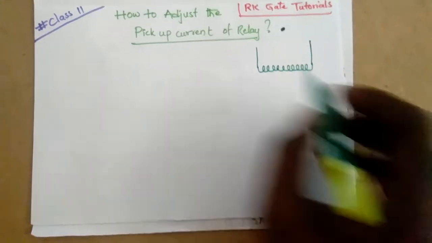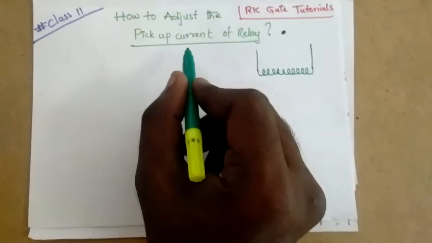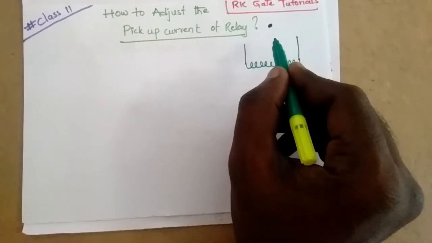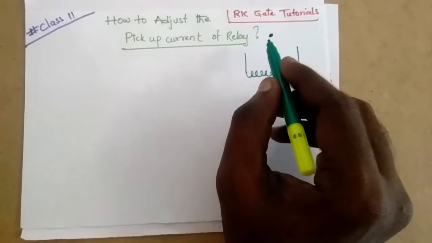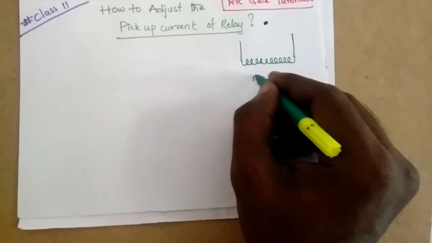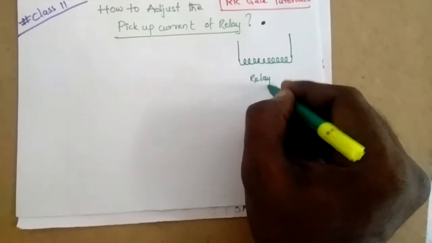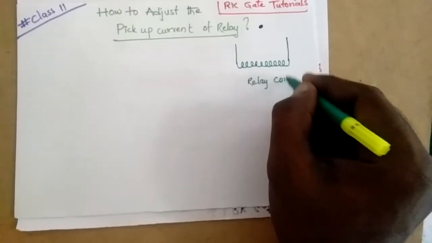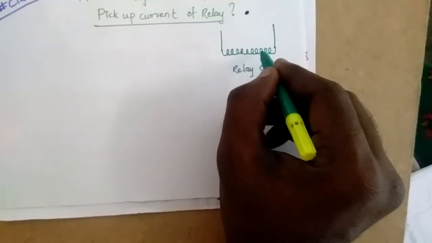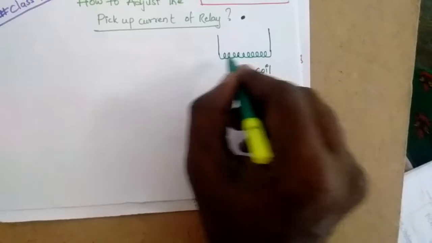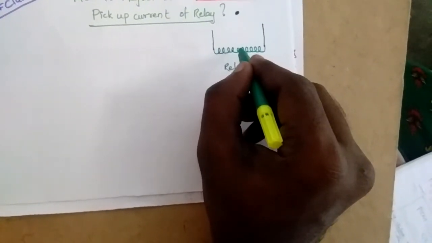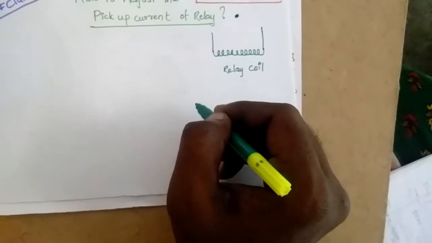So how do you get the different pickup currents, sir? It's a very simple thing. We can get multiple pickup values by changing the number of turns of the relay coil. So this is the relay coil. By adjusting the number of turns we can get different pickup values. Till here we will get one pickup value, till here a different pickup value, like that.